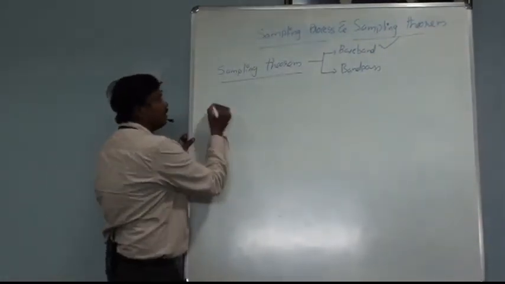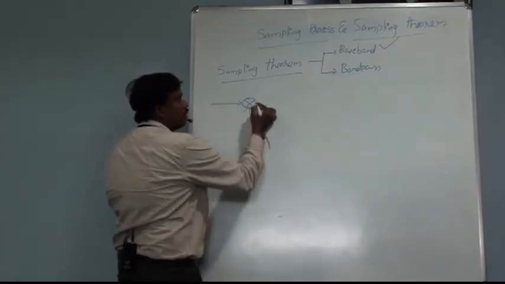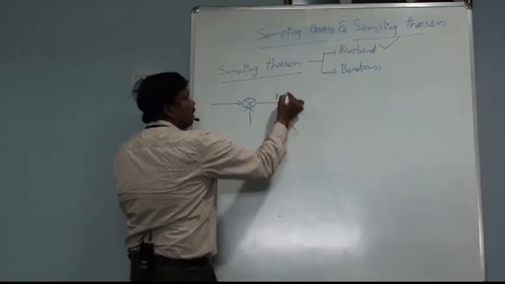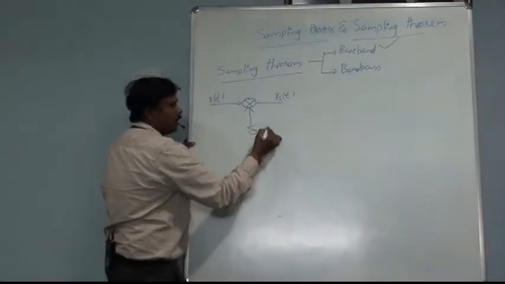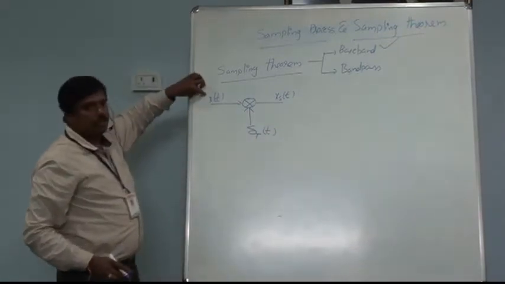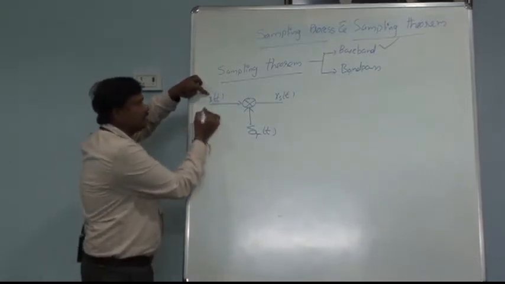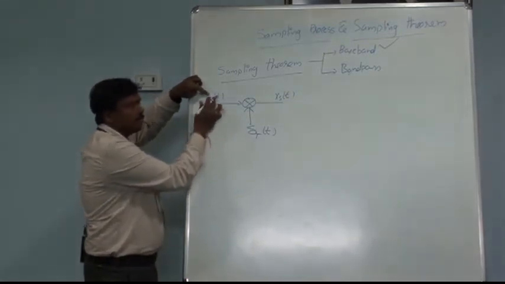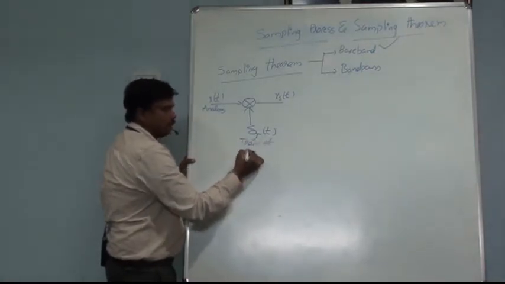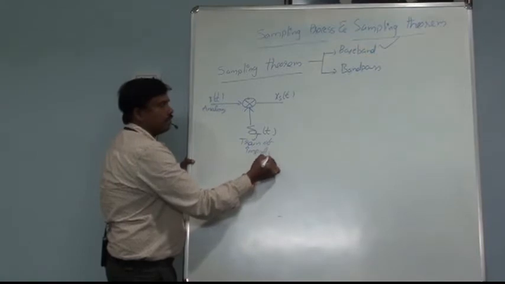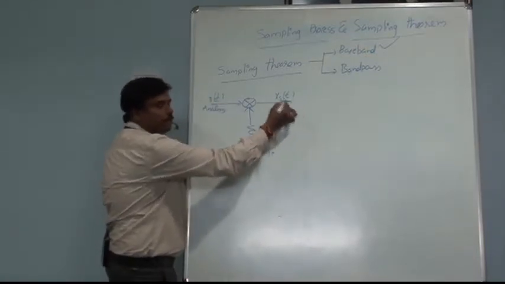Just now we have seen the sampling process. We have a multiplier. To the multiplier, we apply the original information, the analog signal x of t, and the other signal, a train of impulses, and by multiplying these, you get a sampled signal.